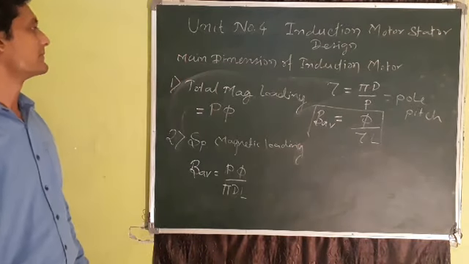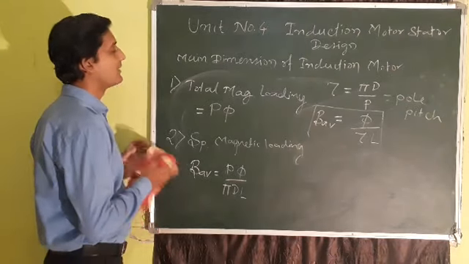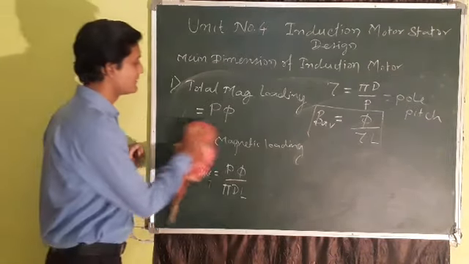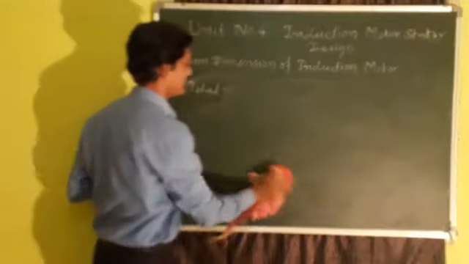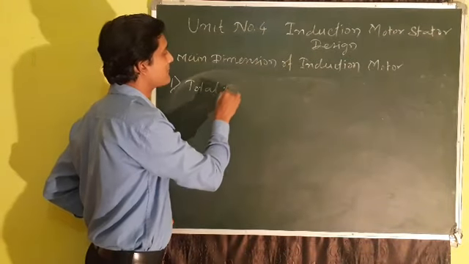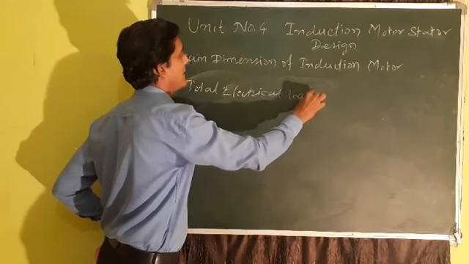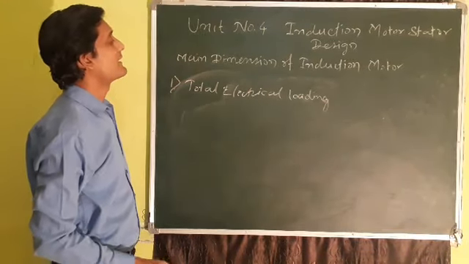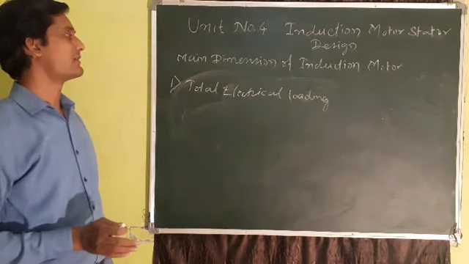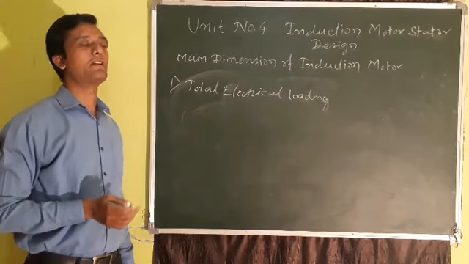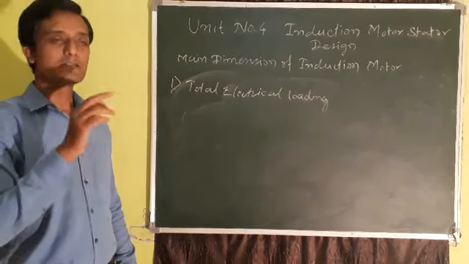Now the next term is a specific electrical loading, or first of all a total electrical loading. Total electrical loading means the total armature conductors around the stator periphery, or total ampere conductor around the stator periphery.